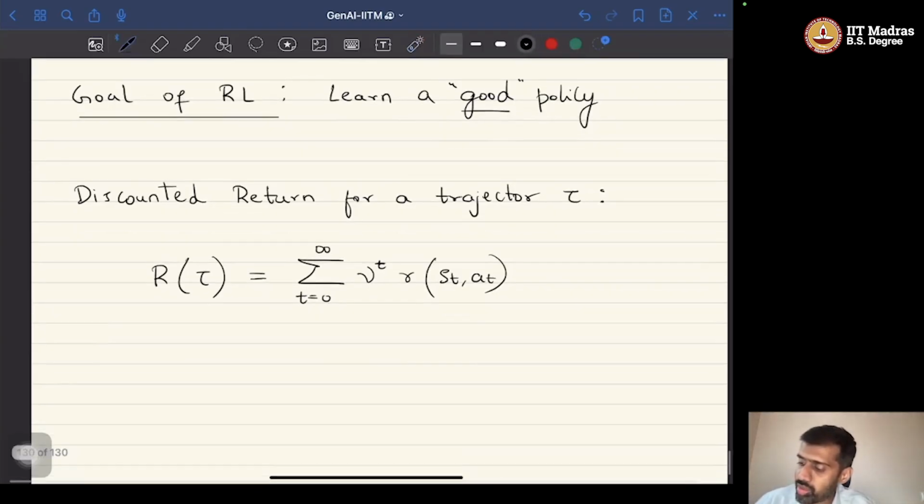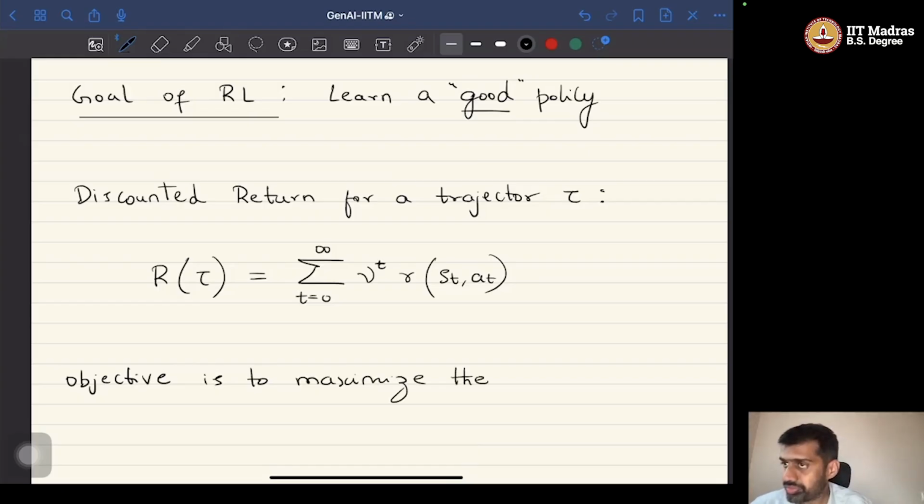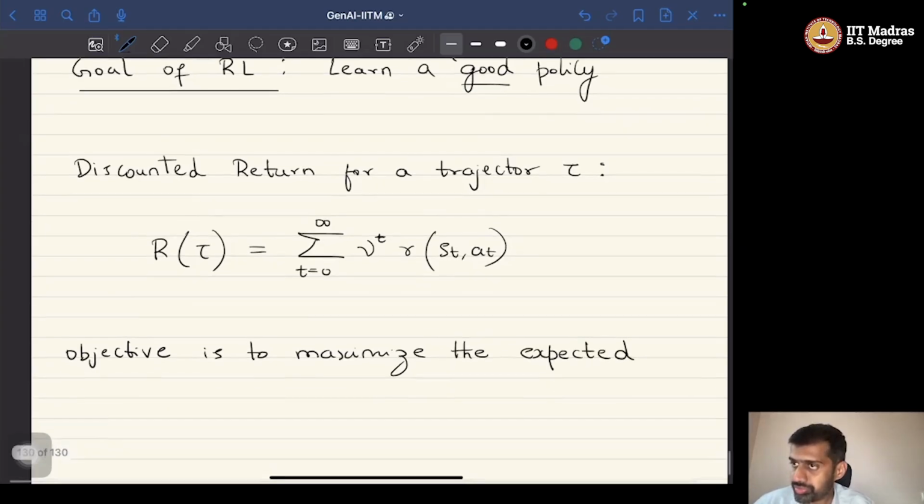Now the goal or the objective in reinforcement learning is to maximize the discounted reward, or rather the expected return, under pi theta.